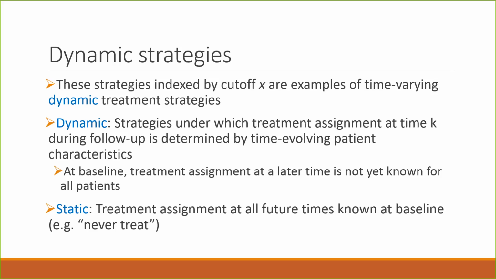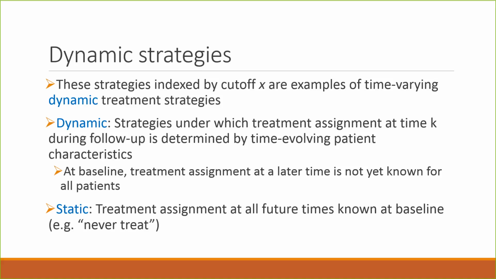These strategies indexed by these different cutoffs are examples of time-varying dynamic treatment strategies. By dynamic, we mean treatment rules under which the treatment assignment at any time during the follow-up, whether or not you've initiated CART, in any month K following baseline, is determined by evolving characteristics of the patient after baseline.